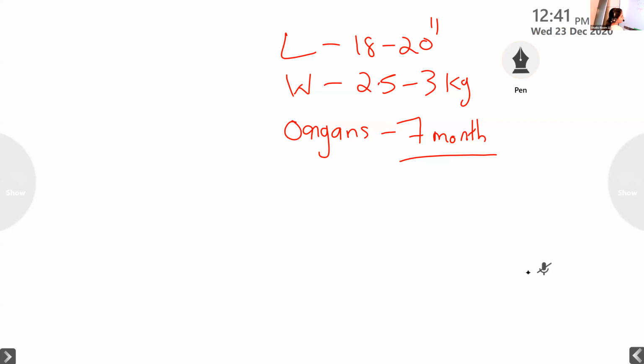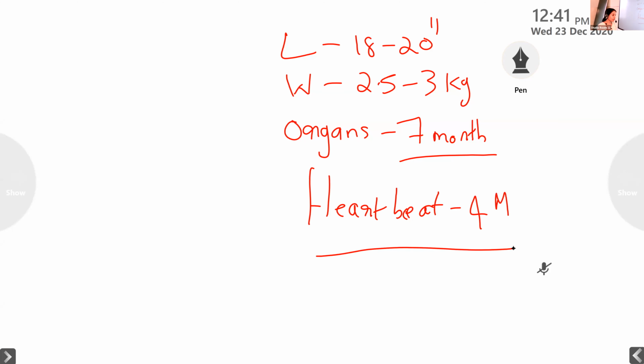So almost all the organs develop by 7 months, and the first heartbeat is in the fourth month.